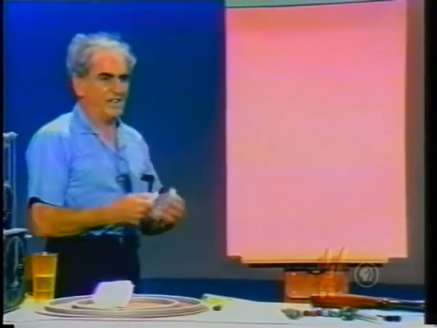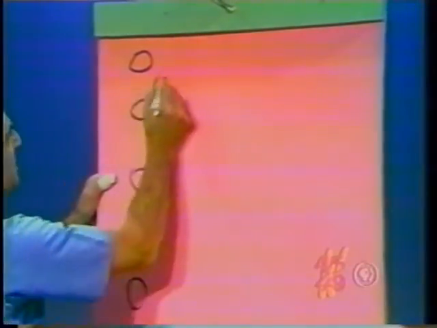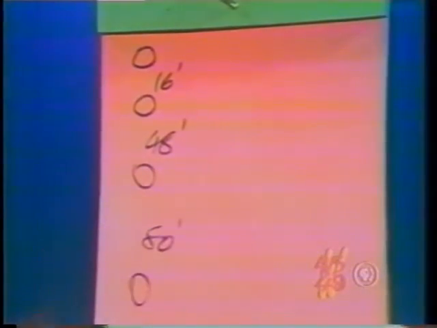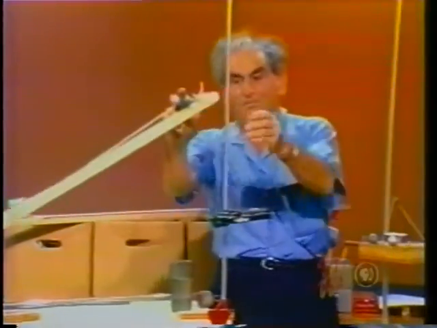Did we not say that when a body falls from rest, it falls successively farther? And the distance is 16 feet, 48 feet, 80 feet, and so on. I have here another experiment that you can do, and we need to take a look at an apparatus which you can make at home.